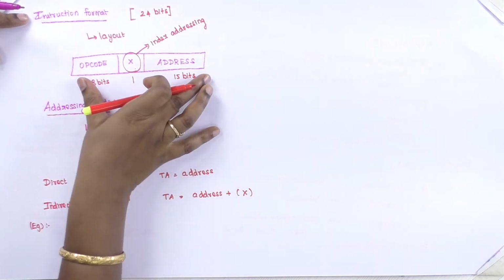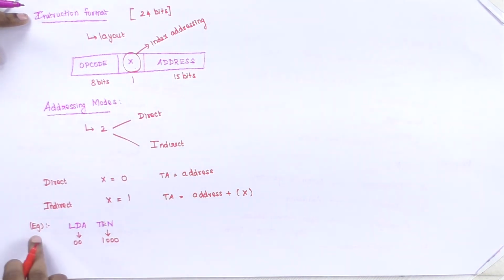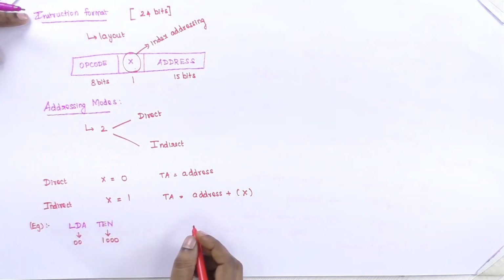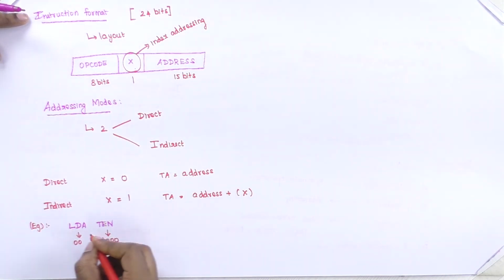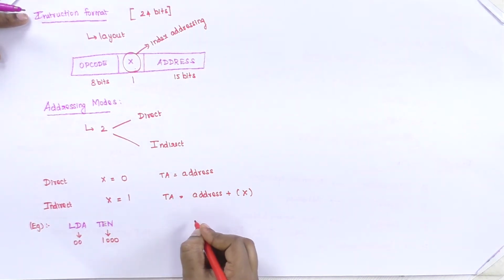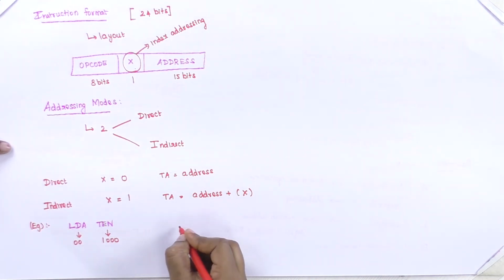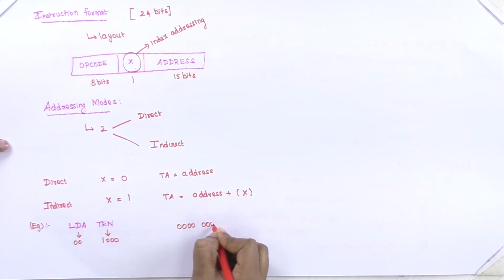So what is our instruction layout? Opcode, X and address. This is an example for direct addressing. So how will our opcode be? Opcode is nothing but the opcode for our mnemonic LDA. LDA is load into the accumulator. What is the opcode? 00. So you have to write it in 8 bits: 00000000.